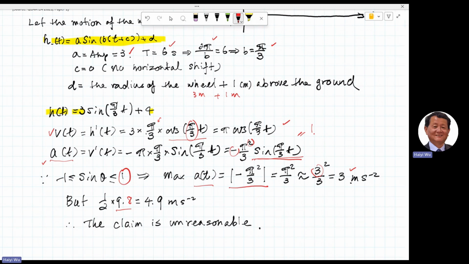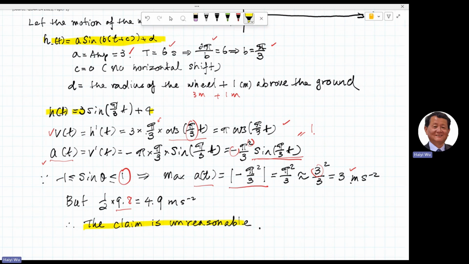Divided by 2, that is 4.9. So that's greater than 3. That means the claim of more than half of free fall is not reasonable. The conclusion is the claim is not reasonable.